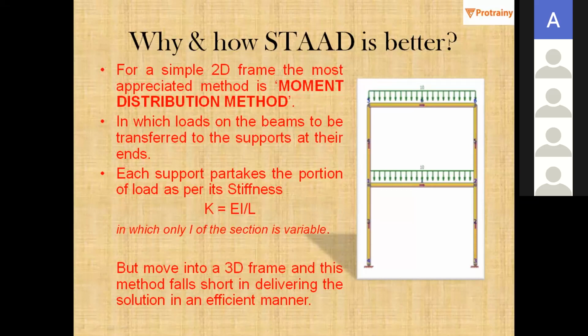Stiffness is given by K is equal to E into I upon L. Now, in this equation, E is going to be constant because you have to assume first hand which material you are going to use for these elements. And L, the span, is also in your forte. You need to assume the span for this frame or for any other frame. The only thing variable is the I, the moment of inertia of a particular element, which depends on the width and the depth of a particular section.